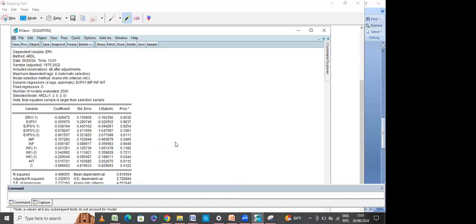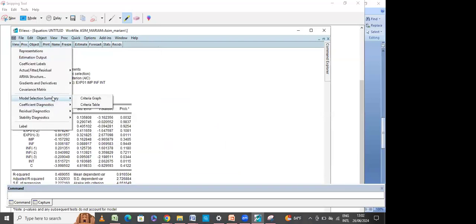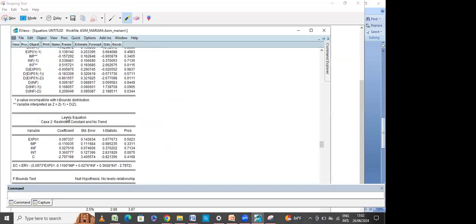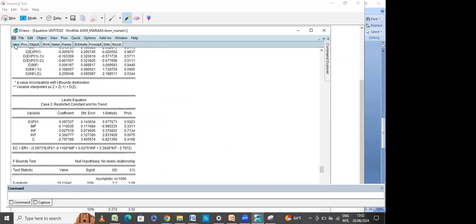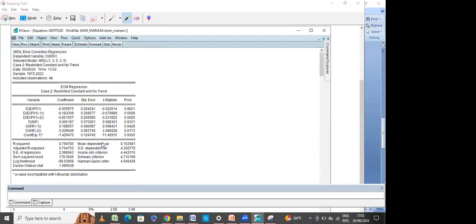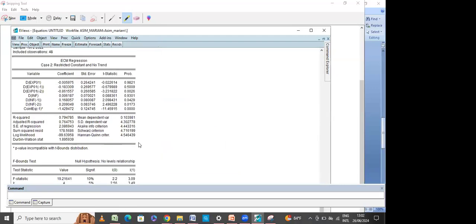Automatic, same thing. Okay, from here, this is my long run values. And then when I click on the error correction form, it is showing my short run values. I have here the same F statistics.